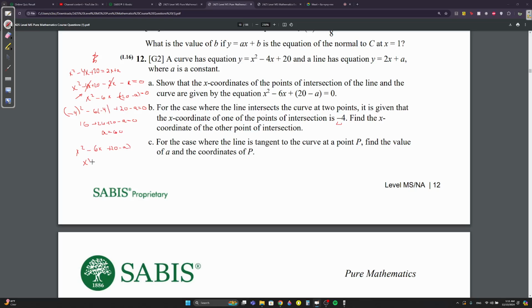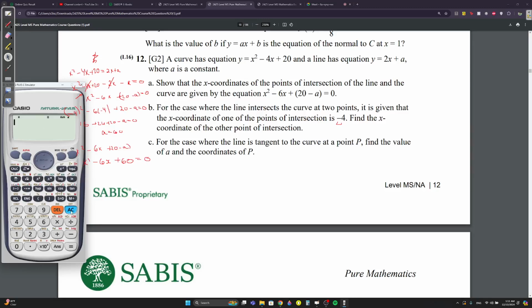So I'm going to get x squared minus 6x, 120 minus 60 is going to be 60, and this is equal to 0. And you're going to get two solutions. x equals minus 4 and x equals 15. I think, yeah.